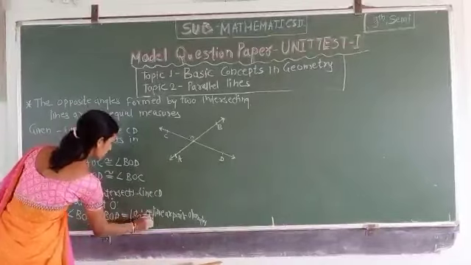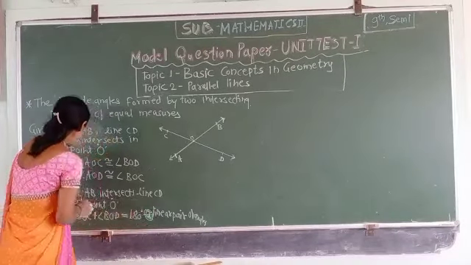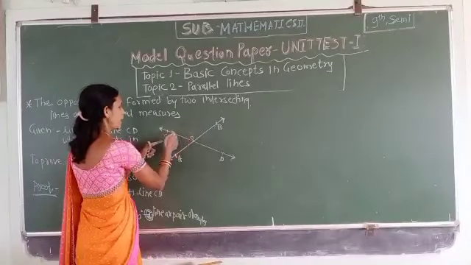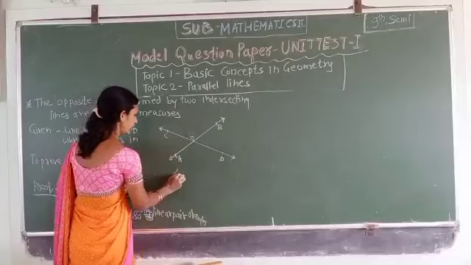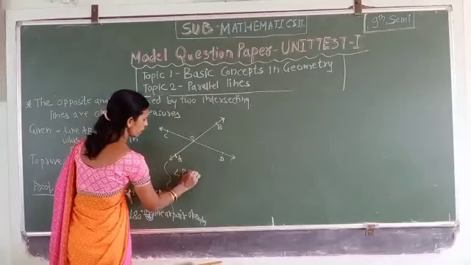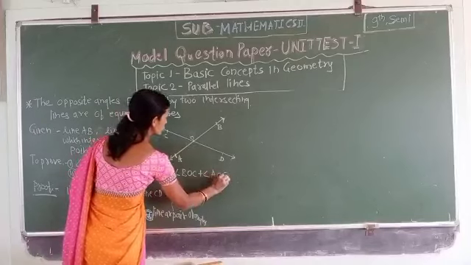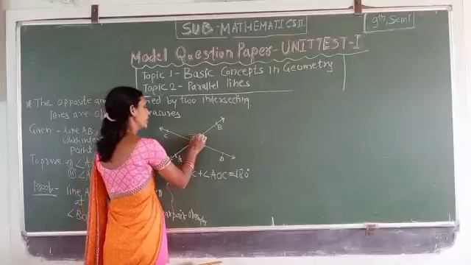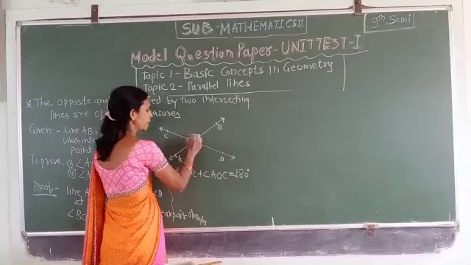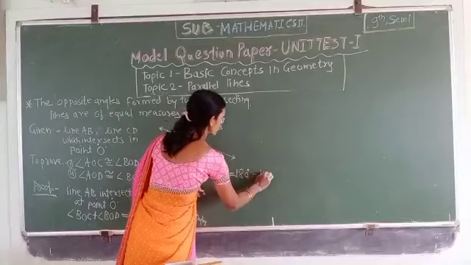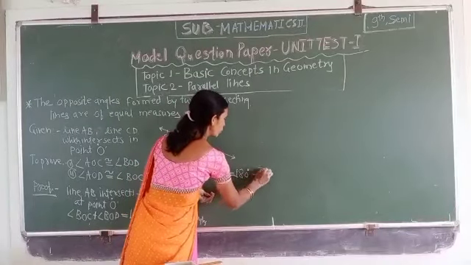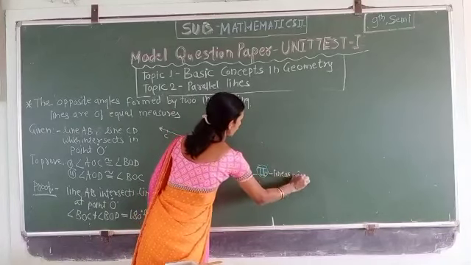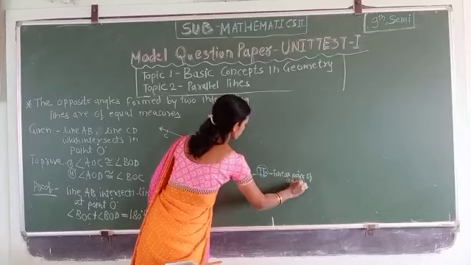Similarly, angle BOC plus angle AOC equals 180 degrees because those two angles are also a linear pair. Let this be equation number 2.